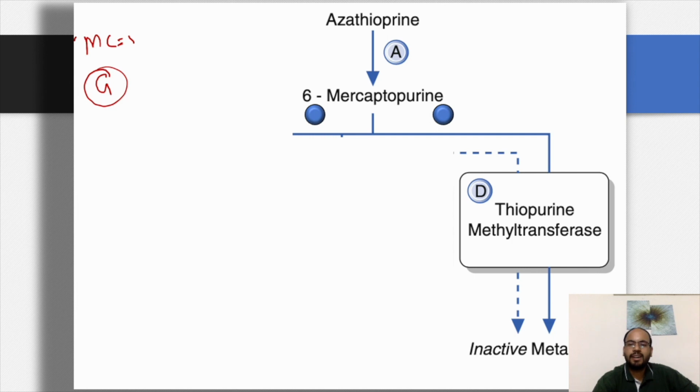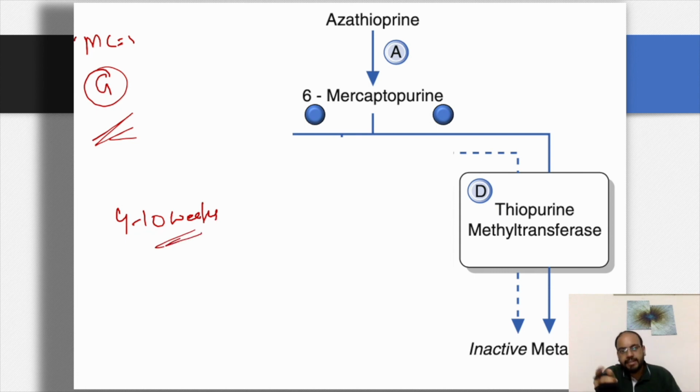Other points are, one of the important points is that if increased side effects are occurring because of TPMT decreased activity, it takes around 4 to 10 weeks to show its effect. Remember how azathioprine acts.